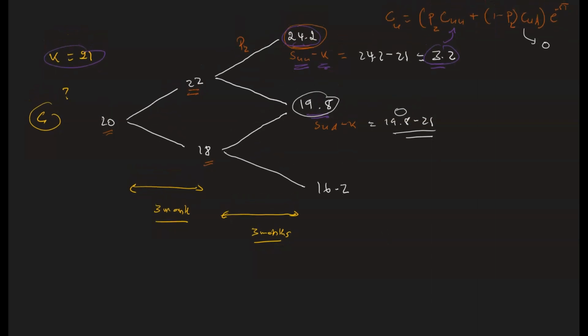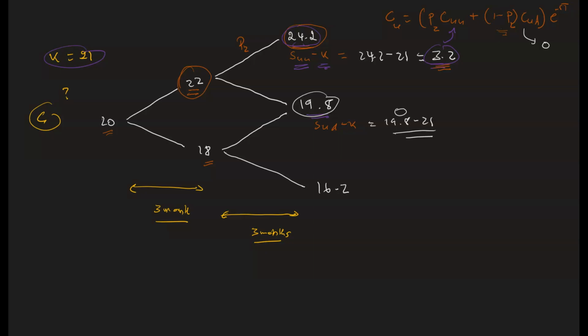So what is call up, which is the value of the option at this point? The value of the option at that point is simply going to be equal to P2 multiplied by call up, which is 3.2, plus 1 minus P2, which is essentially the probability that the stock price decreases, multiplied by 0. So that's simply going to be equal to 0 there.